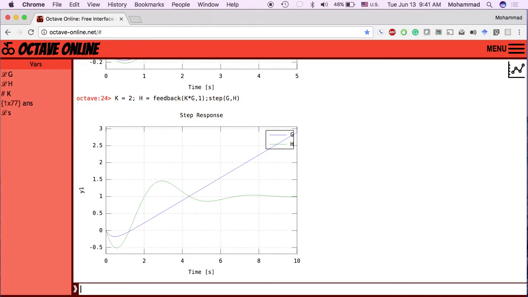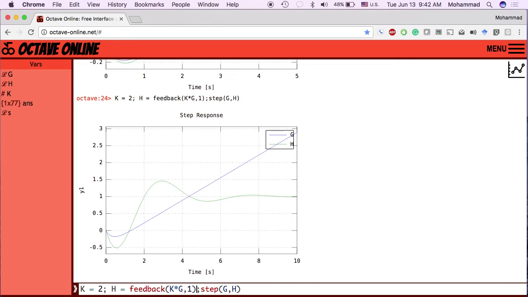The open loop system still behaves the way it used to behave. We haven't done anything. I just put the open loop system for comparison. So the open loop system is still the same, but for closed loop with K of 2, you have that response.